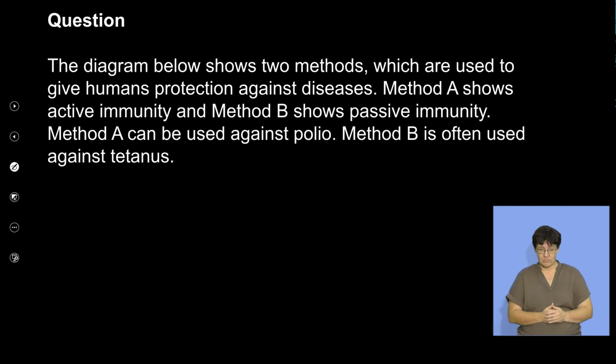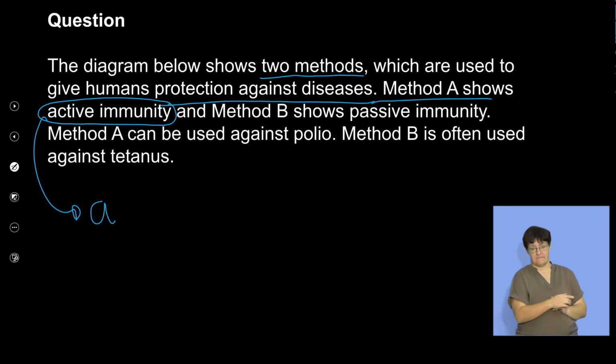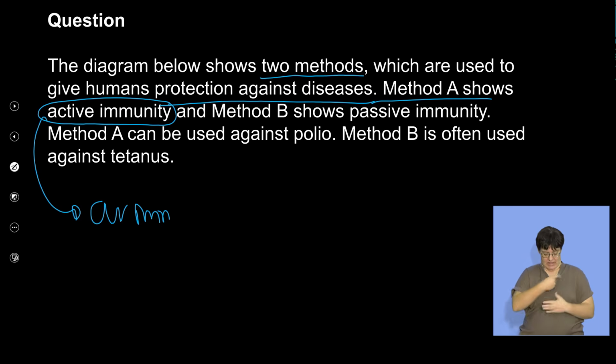The diagram below, on the next page, shows 2 methods which are used to give humans protection against diseases. Very important now. Method A shows active immunity. Active immunity is when our immune system needs to do its job.